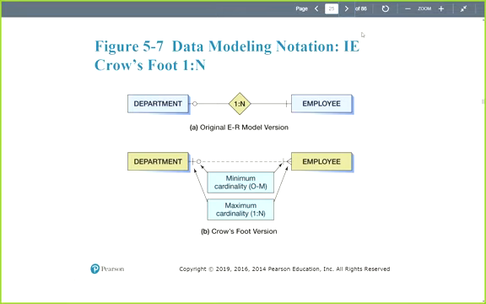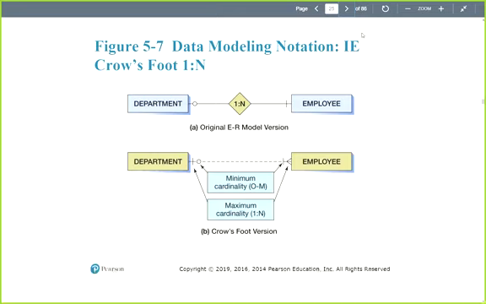Maybe you don't have a department, right? So in this example we define or design the business so the minimal department to be assigned to an employee is zero or optional. But maximal is one. So an employee can belong to only one department. An employee cannot work for two departments. He or she can report only to one department boss, not two.